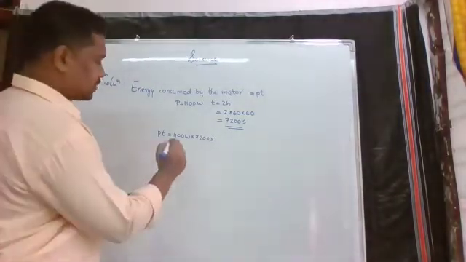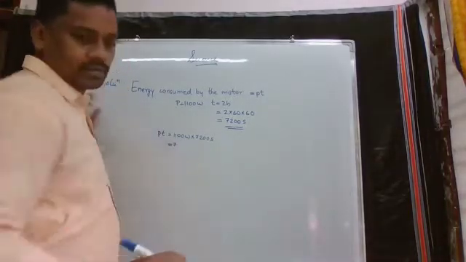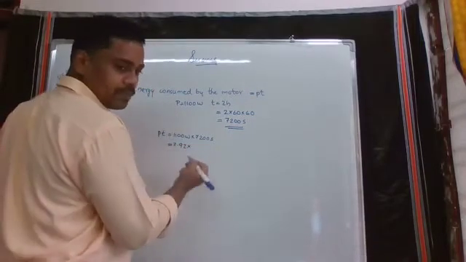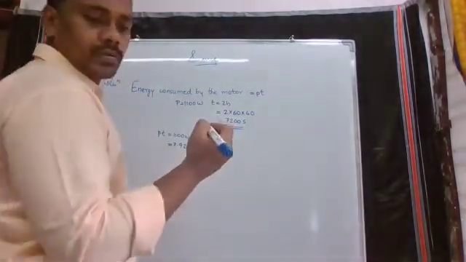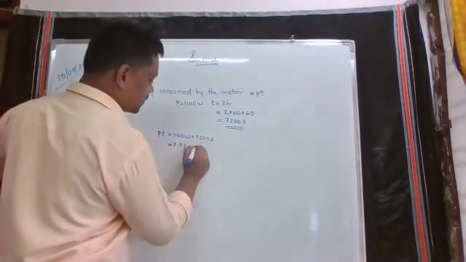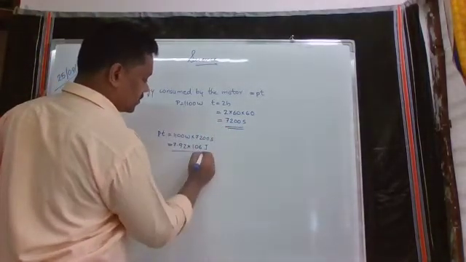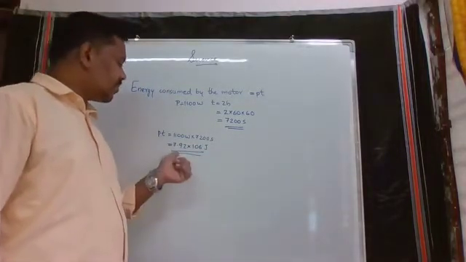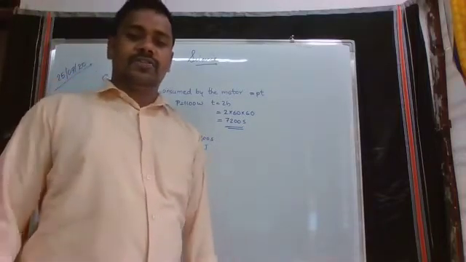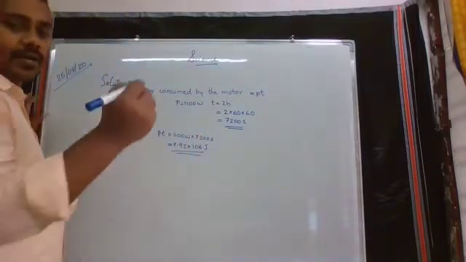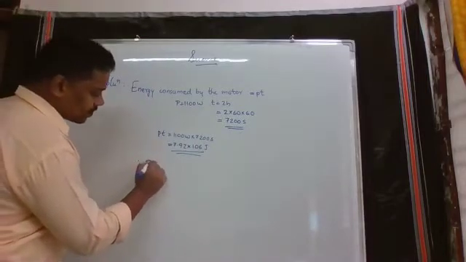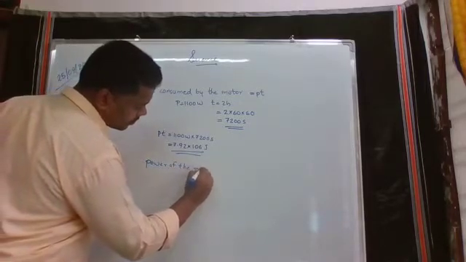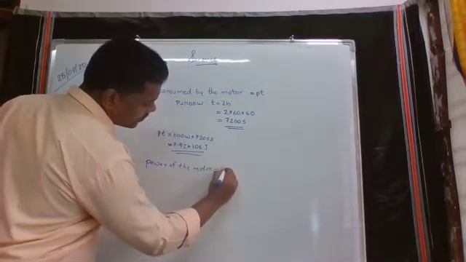That is 7.92 into 10^6 joule. The energy consumed is 7.92 into 10^6 joules. Therefore, the power of the motor is 1100 watt.